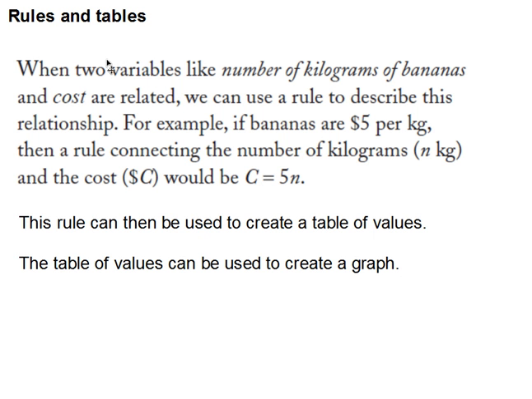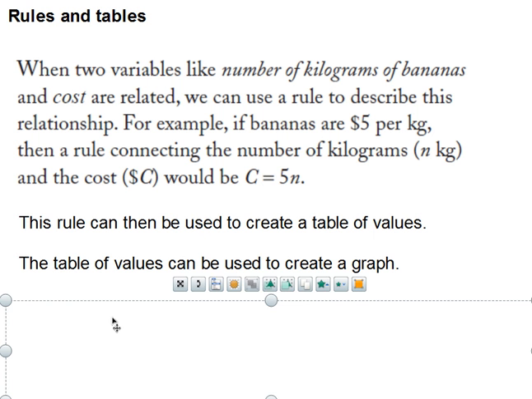I want to, just in case there's any question about it, define these two words, variables and relationship, because they're going to become very important. So you've heard of pronumerals. What's a variable? Well, a variable is just a pronumeral that is able to change.